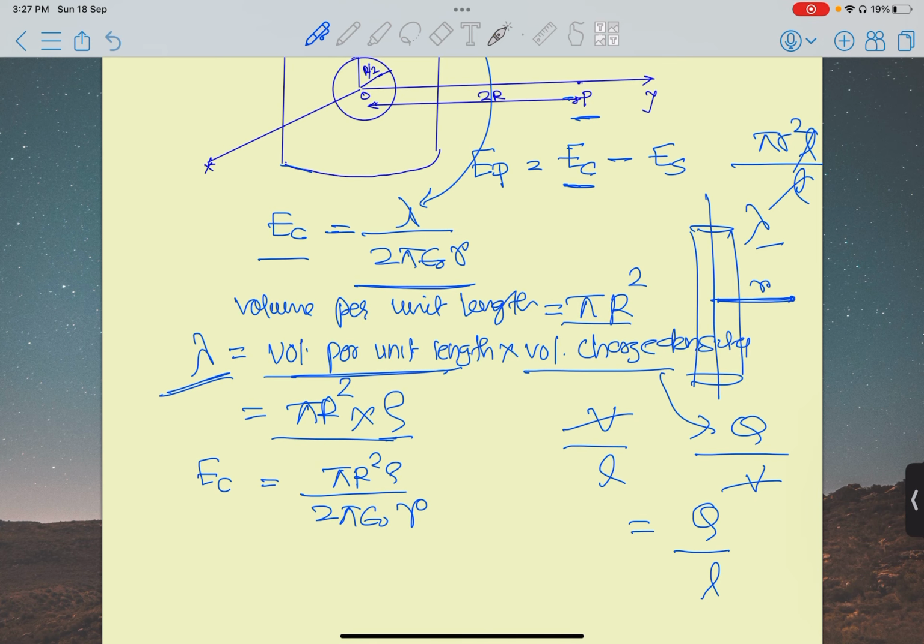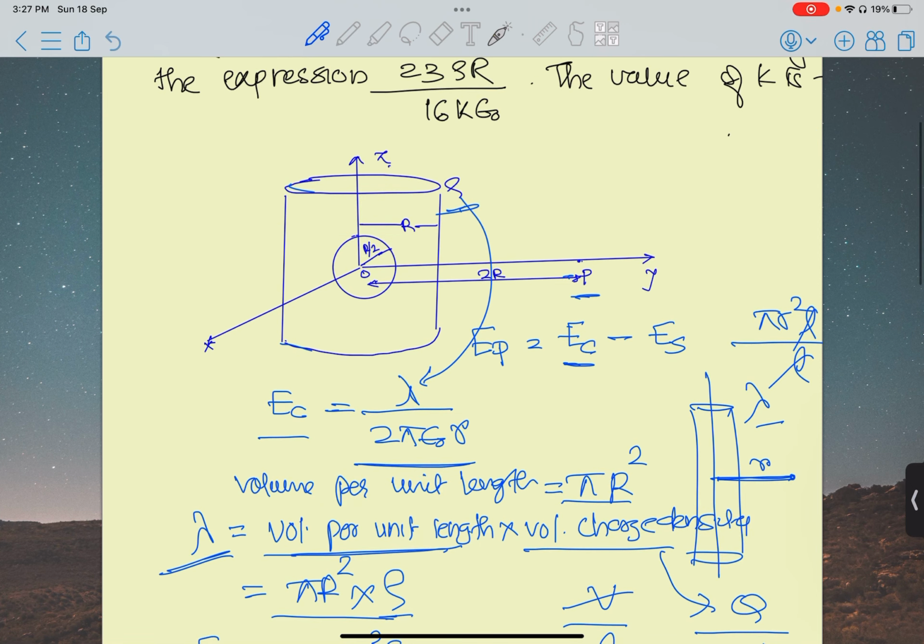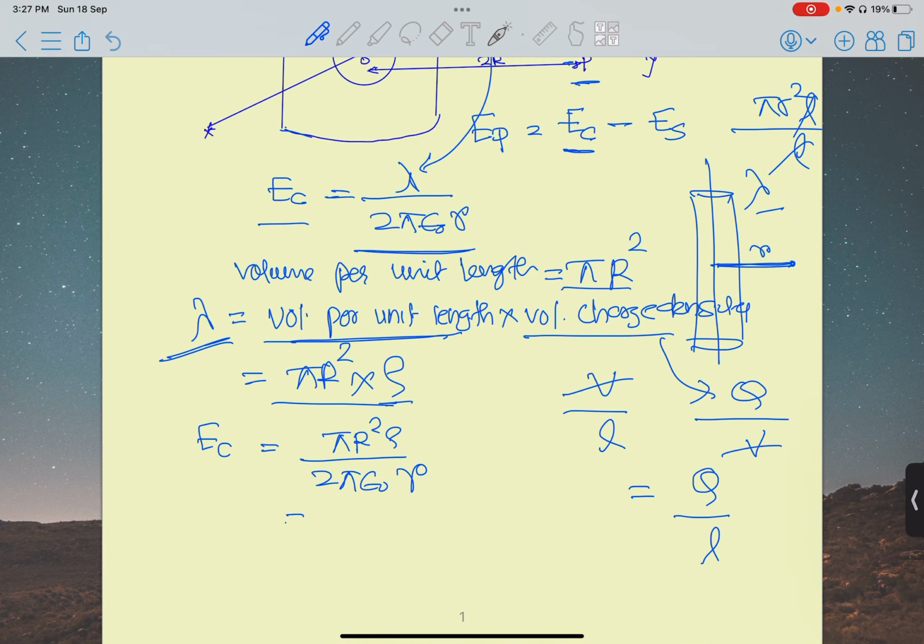Since we know it is the distance from the axis of the cylinder, which in this case for point P is 2R, we will replace this r by 2R. So this 2 and this 2 will get multiplied. Let me write it again. It will become R rho divided by 4 epsilon naught, with capital R. So we have an expression for E_C.